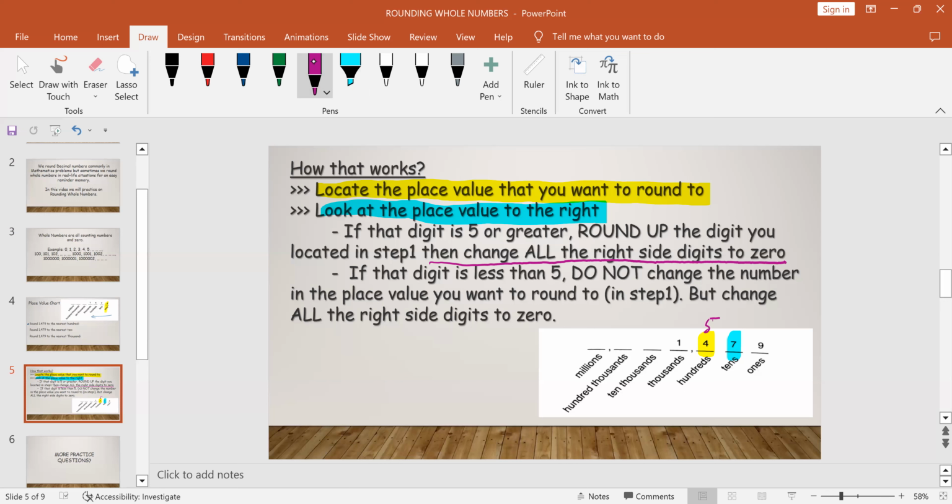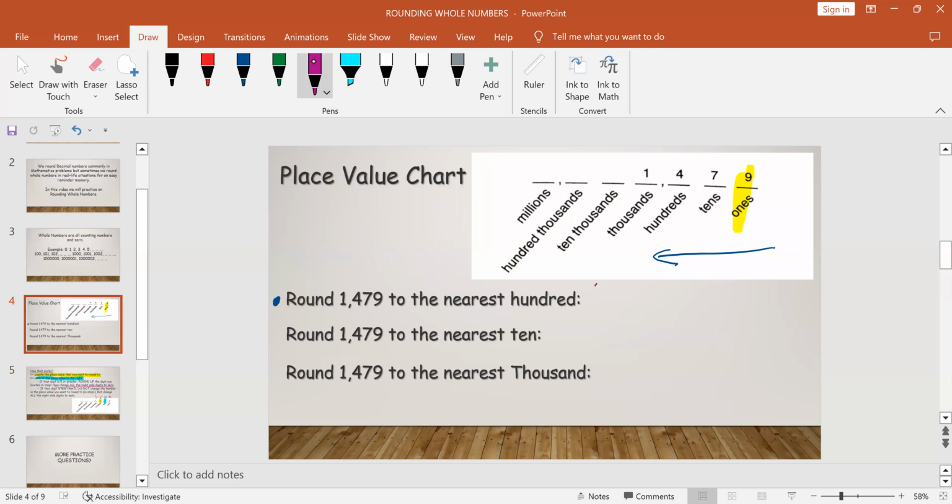So the 7 will be 0, 9 will be 0. Therefore, we have 1,500 for the first question. So to round 1,479 to the nearest 100, the answer is 1,500.